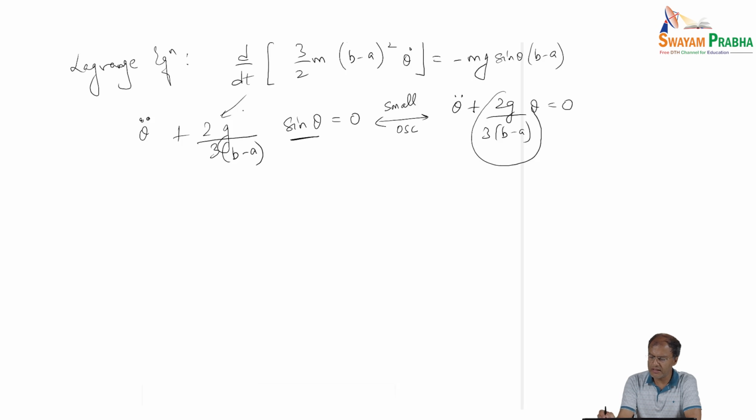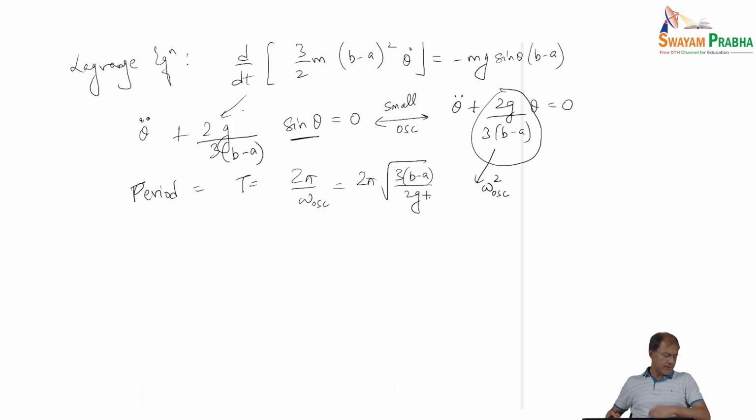This quantity which I have circled is my angular velocity of small oscillation, omega OSC squared, and my period of small oscillation T is given by 2 pi by omega OSC, which is 2 pi by the square root of 2g by 3(B minus A). So that is what we have.